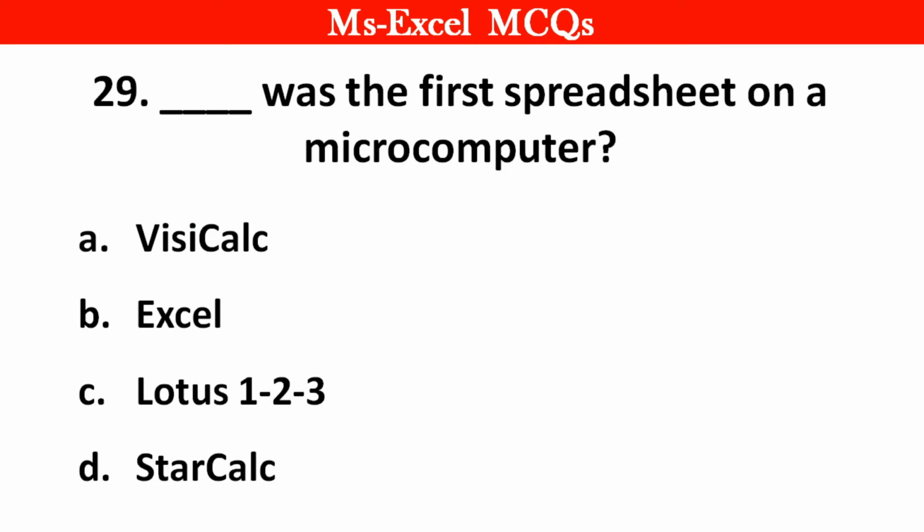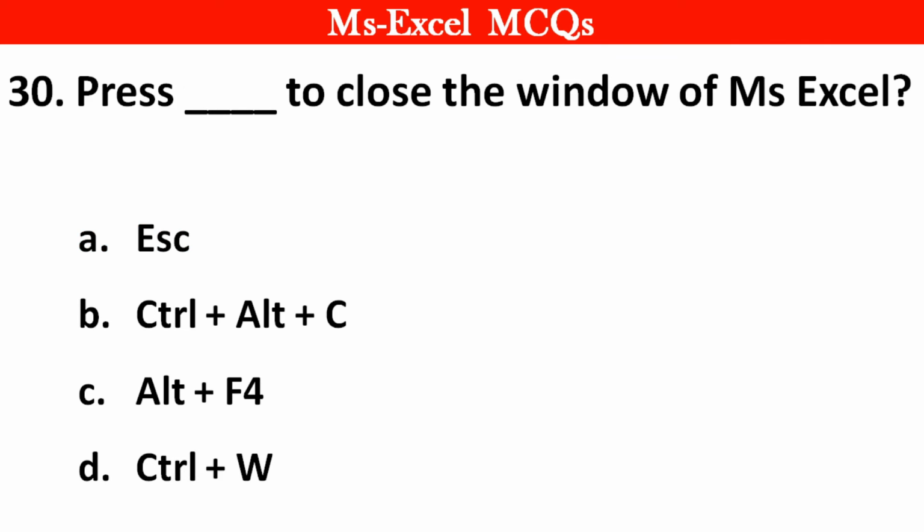Next question. Dash was the first spreadsheet on a microcomputer. Right answer is option A, Visicalc. Next question. Press dash to close the window of MS Excel. Right answer is option C, Alt plus F4.